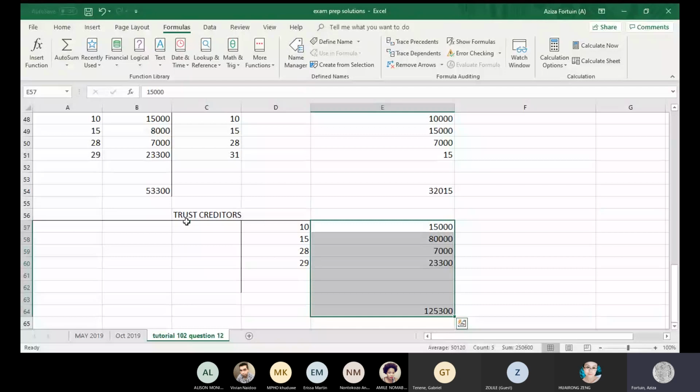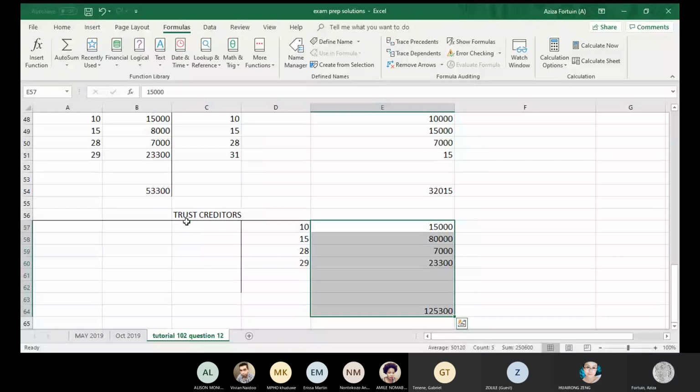So then we have a carry down value of the 53,000 minus the 23,015.